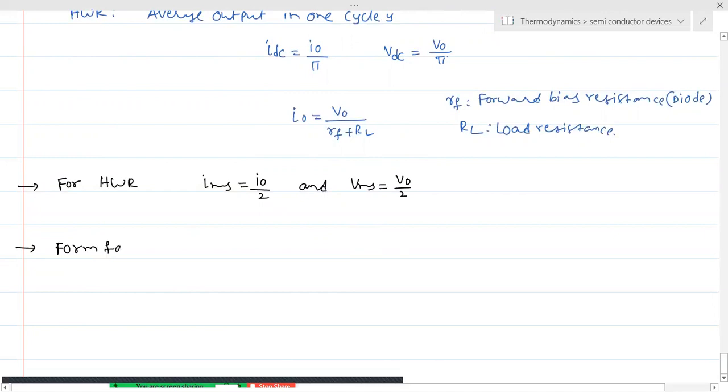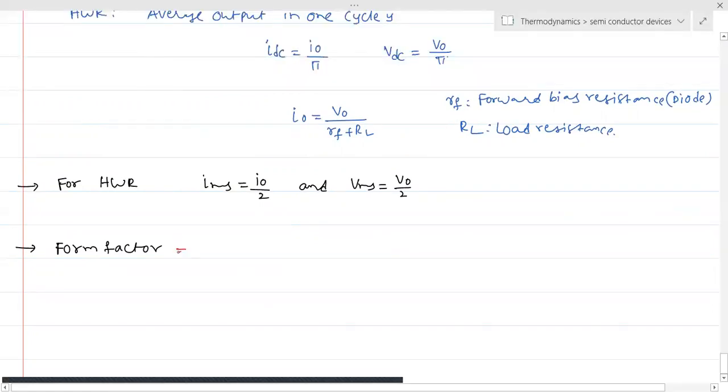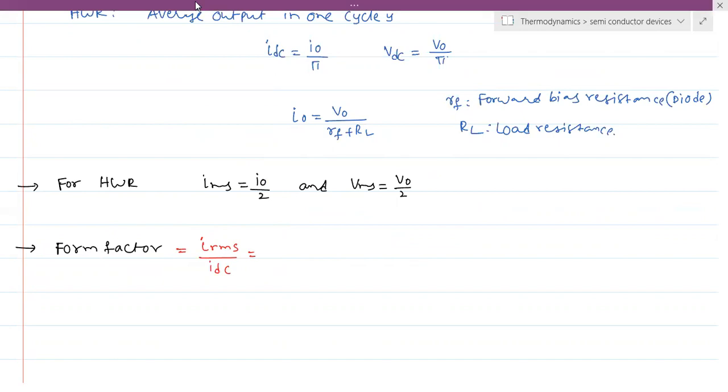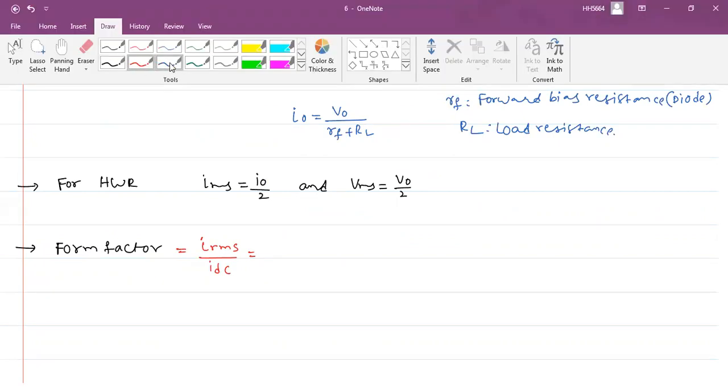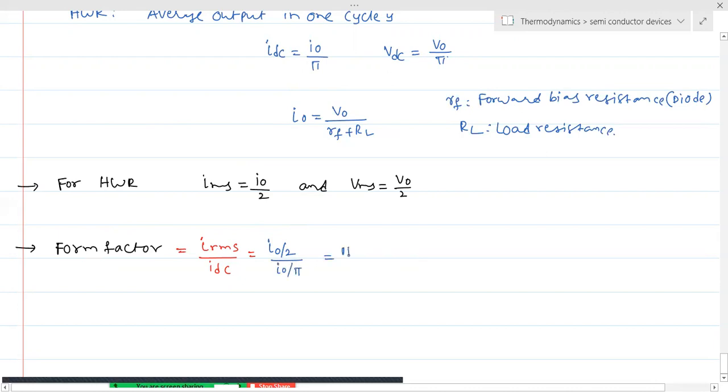Form factor is a definition. Form factor equals IRMS by IDC. IRMS for a half wave rectifier is I0 by 2, and IDC is I0 by pi. So that equals pi by 2, which is about 1.57.